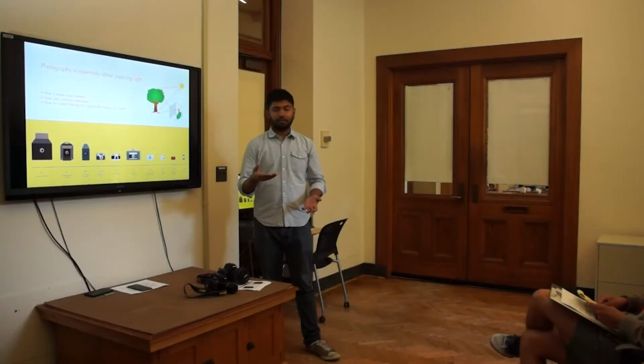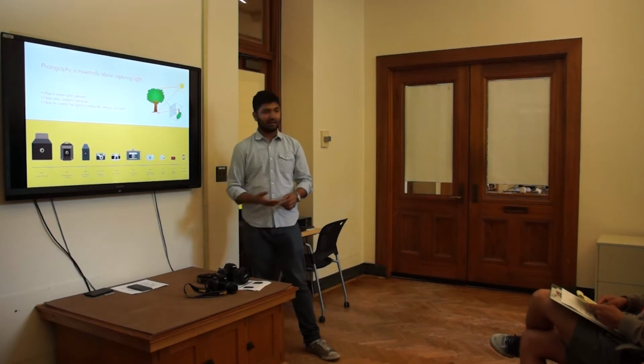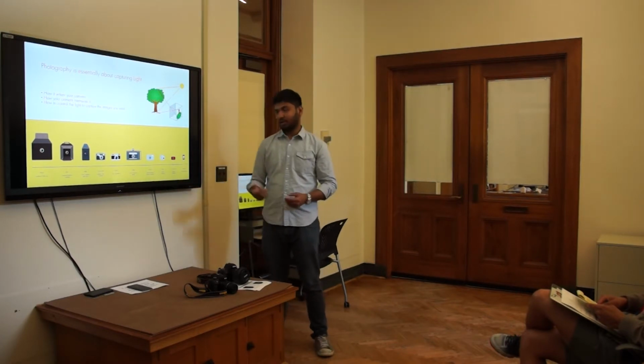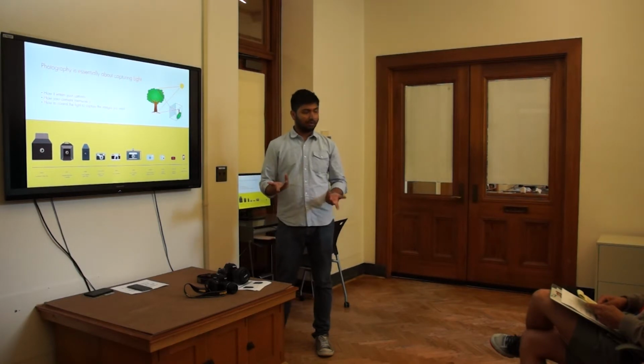And then slowly, as technology evolved, the tracing paper got replaced by a metal plate, and then it got replaced by photo paper and films, and SLRs came, and digital point and shoot cameras, and now we have phone cameras.